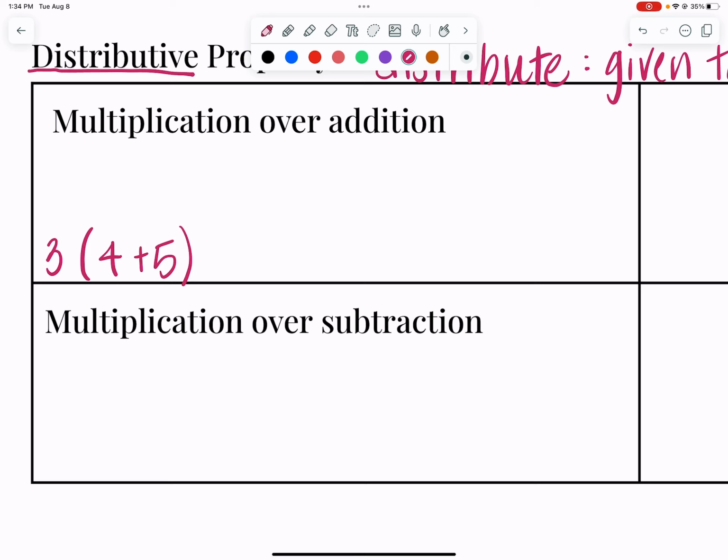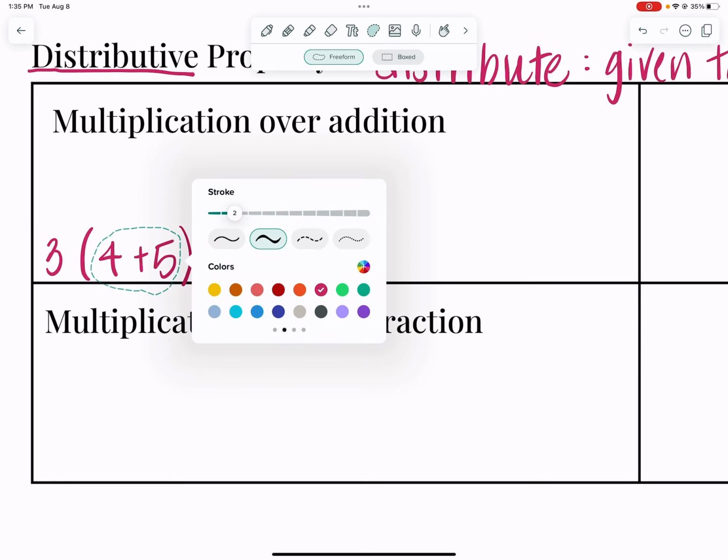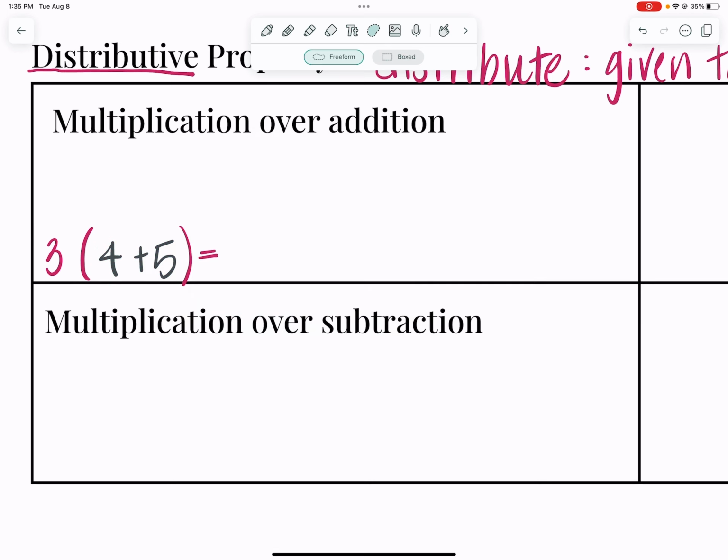But here's what's happening. I am going to change these so the color stands out a little more. What the heck, we'll make them gray. I am going to multiply the 3 by the 4.